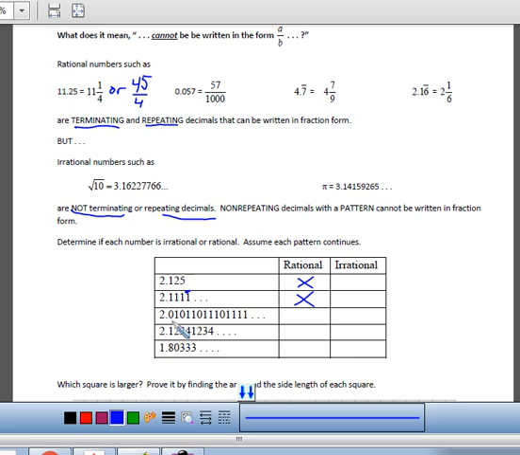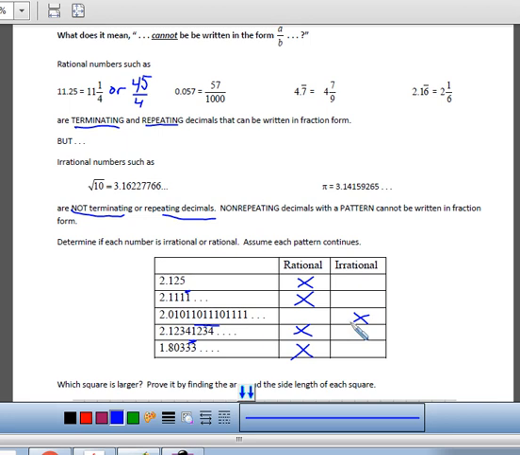This one, however, 2.01, 011, 0111, 011111 is definitely irrational. The next one, 2.1234, 1234, notice the 1, 2, 3, and 4 are a repeating pattern. That would be rational. And then same with this, 1.803 with a line over the 3, this one would be rational. So all of these but one are rational.